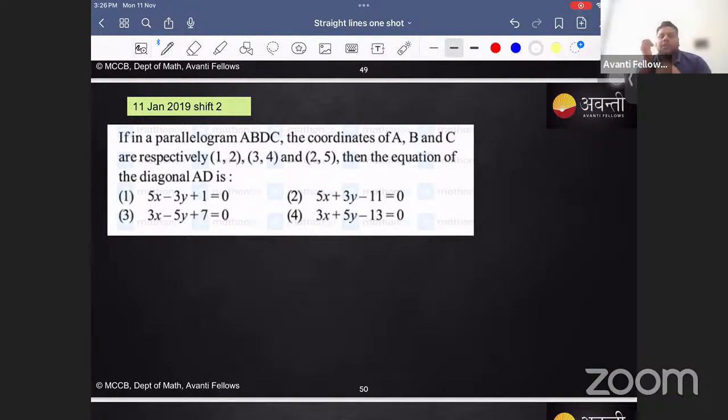How to do? Quickly, I am launching the poll. Mark your correct answer here only. Quickly, quickly.